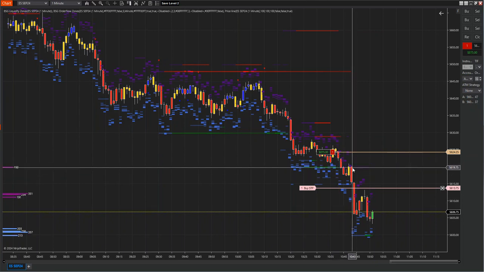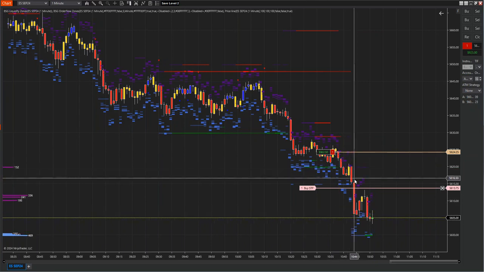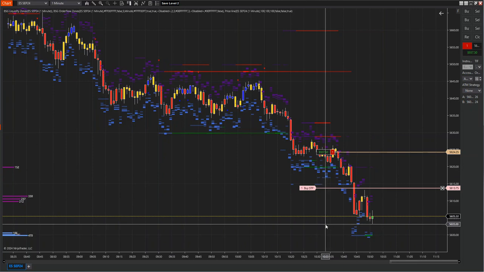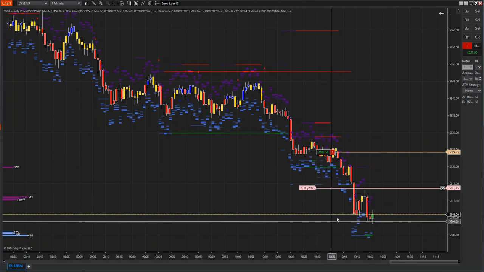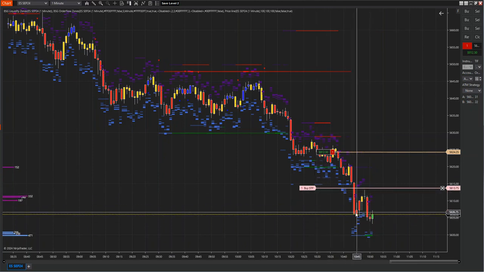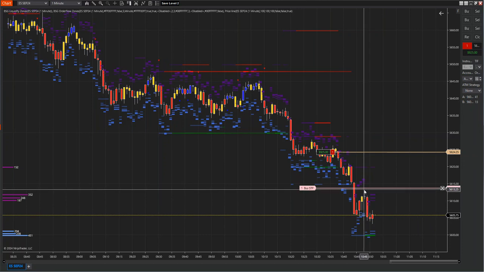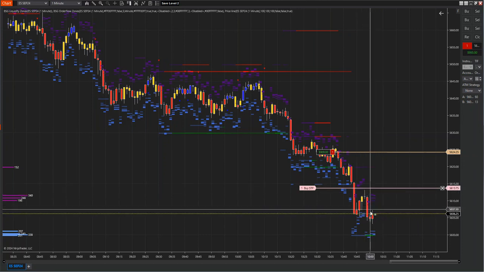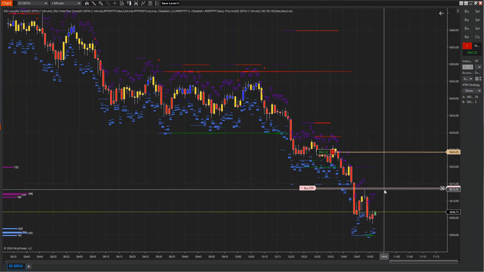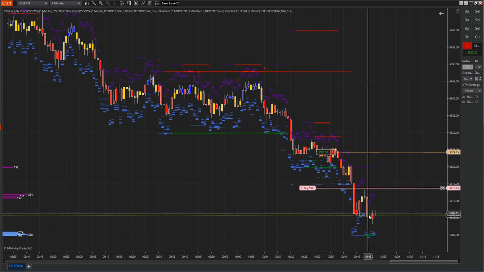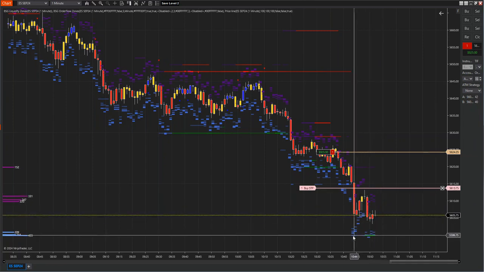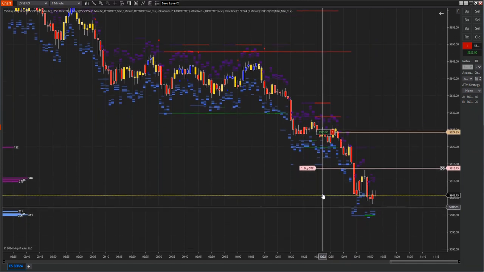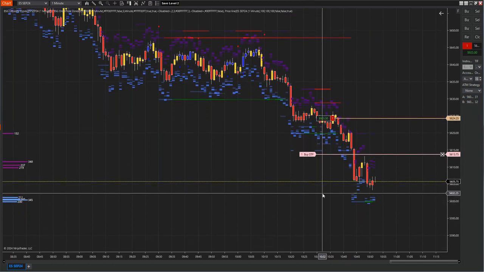It retested the same region, and then pushed back. Now this stop is good because it's on the swing high right here. If the price goes back and touches the swing high, it's obviously a reversal. So we have to stay until it forms the next lower lows. Until that point, be patient.